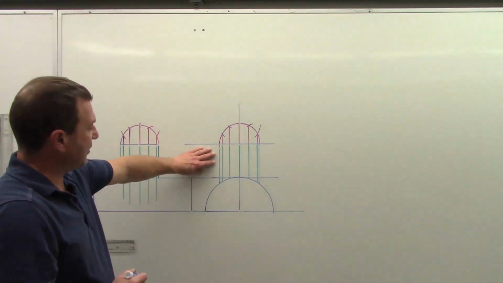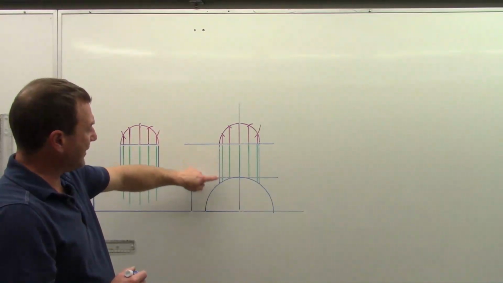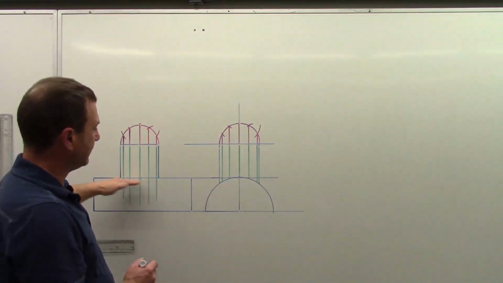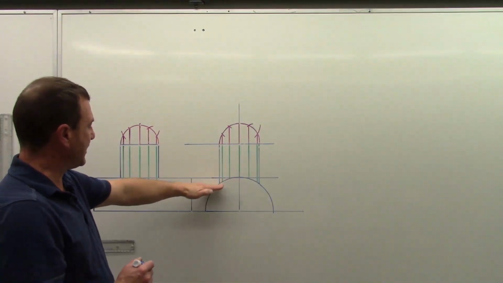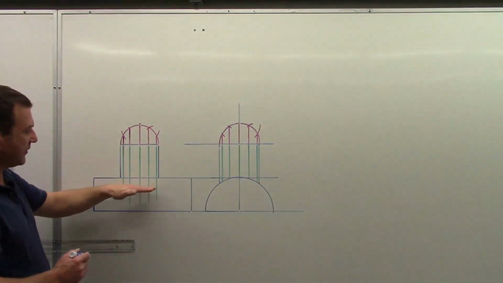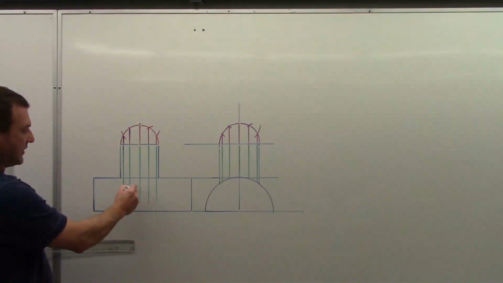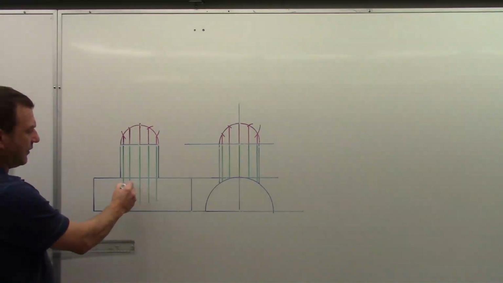But if we look at this view here, we can see that these heights, if we project them across, that is our height. So at each of these points here, they will come across and intersect the corresponding vertical element lines, and that's going to establish our miter line.